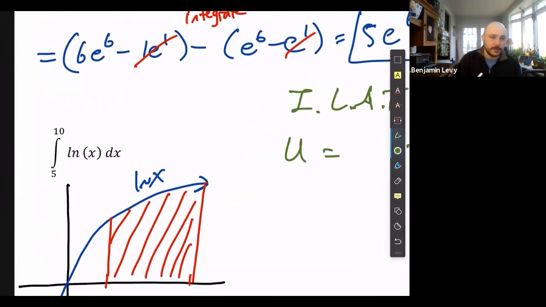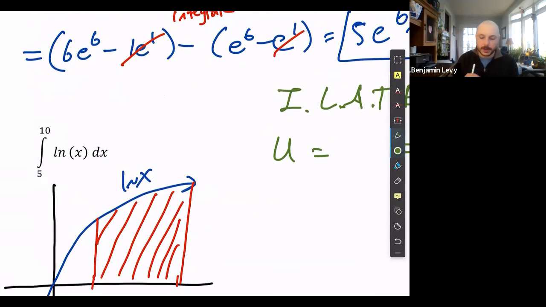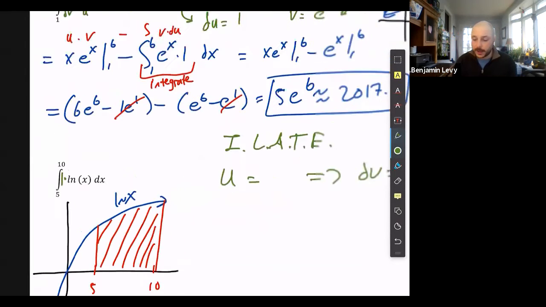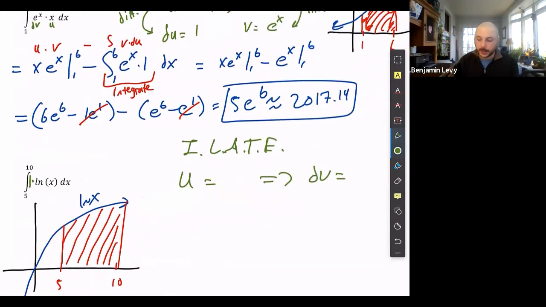And so the trick here that I would describe is that ln is really the number 1 times ln. If we think about it like that, there are two things in there and one of them is the number 1. Then we can use ILATE to get the correct thing.